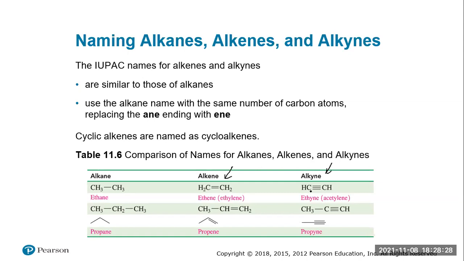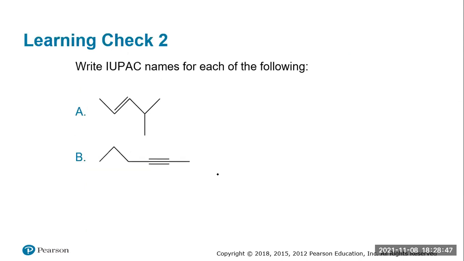It's got to be here. And so basically about 4 or so carbons is really where you should start giving the number for the location of your double bond or triple bond. All right, so why don't you try these couple here and see what you come up with.